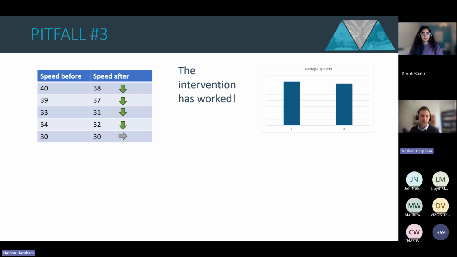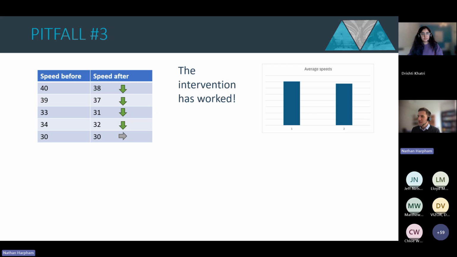So I plot a graph, I write my report, and I put this graph in it here. Okay, it's missing axes, and it's maybe not the neatest graph, so that's not the pitfall I'm trying to get at here. Heads up. But I plot my graph, and you can see hopefully that the bar for 2, i.e. speeds after, is lower than the bar for number 1, speeds before.